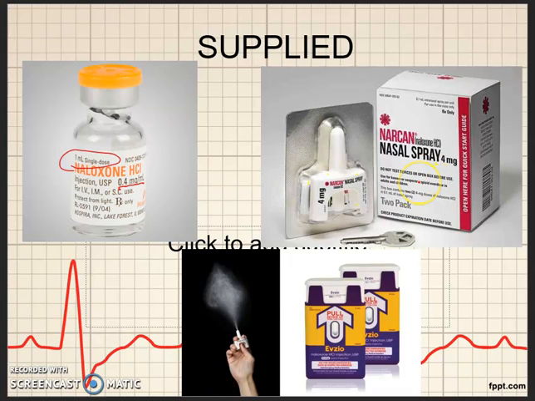Over here, Narcan has gotten so common to be used, it can now be found in many of your drugstores over the counter without a prescription. So you may see it in this upper right picture as these nasal sprays, or even this one on the bottom. Many police departments are now carrying these, and it depends on the manufacturer.